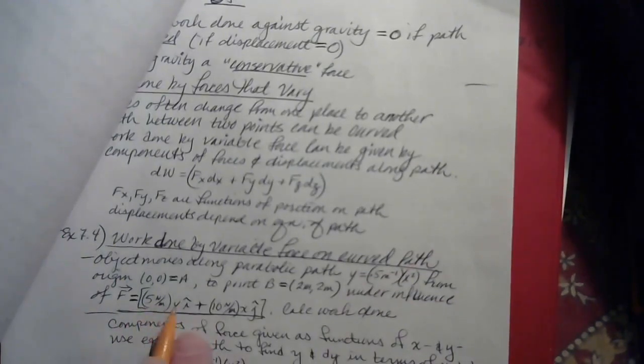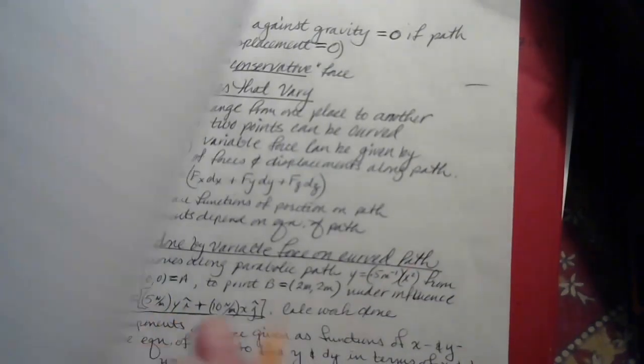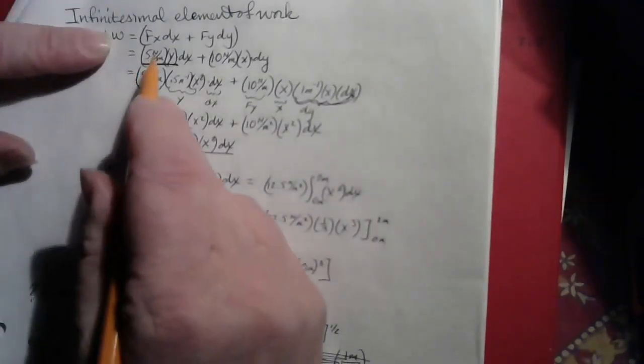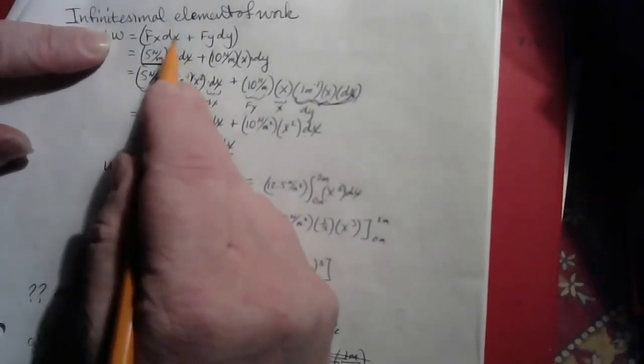Okay, so that's part of Fx. It's everything except the unit vector in the x direction. So 5 newtons per meter times y, that is Fx. Okay, so 5 newtons per meter times y times dx.